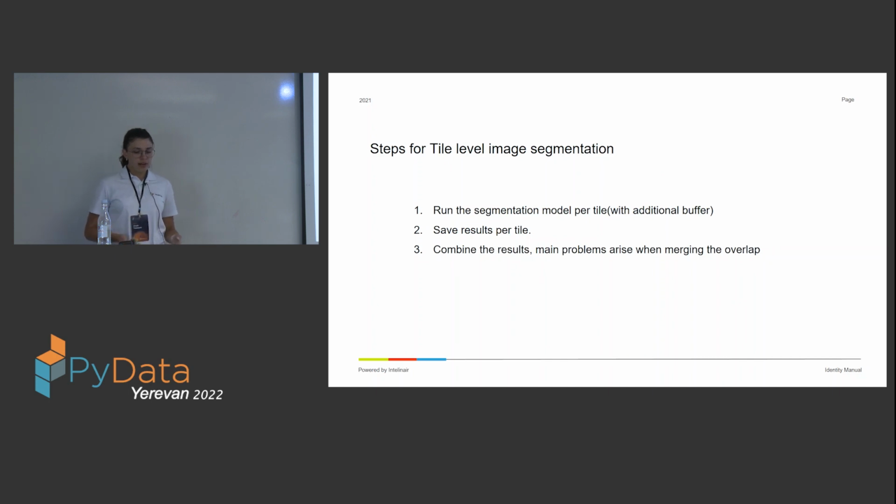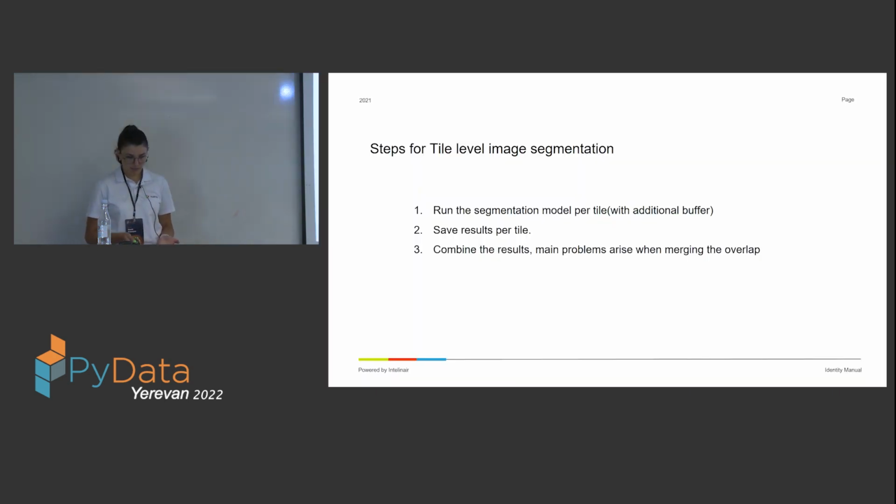So to summarize, we run the segmentation model per tile, but with an additional buffer, and save the results from the original tile with the smaller one. For the combination, rasterio gives you the option to read from each given tile location, as well as the option to write it, and this gives us the option to parallelize this process as well.